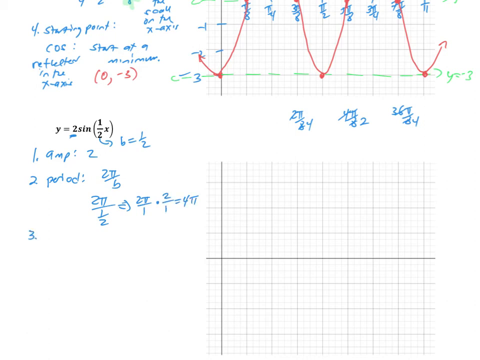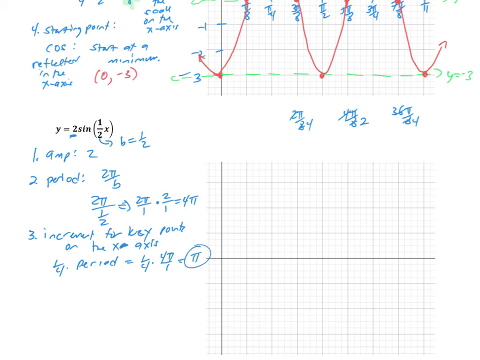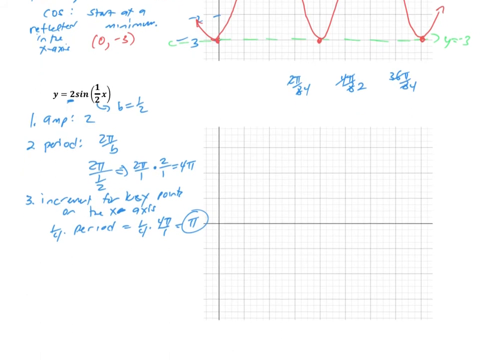And then the increment for key points on the x-axis is always 1/4 times the period. So here we have 1/4 times 4 pi, which is pi. So that's going to be how we're going to set our scale. And the next thing we want to know is the starting point.